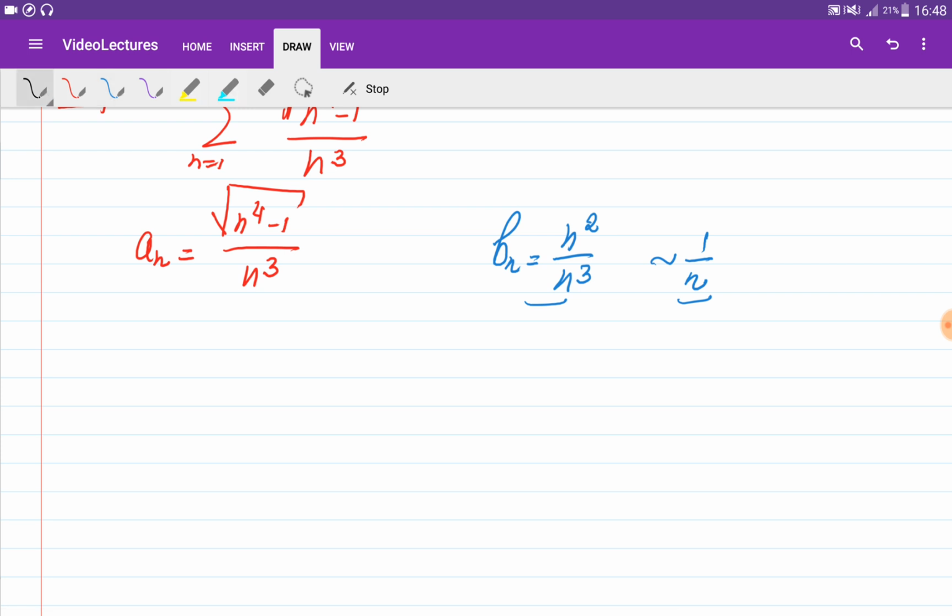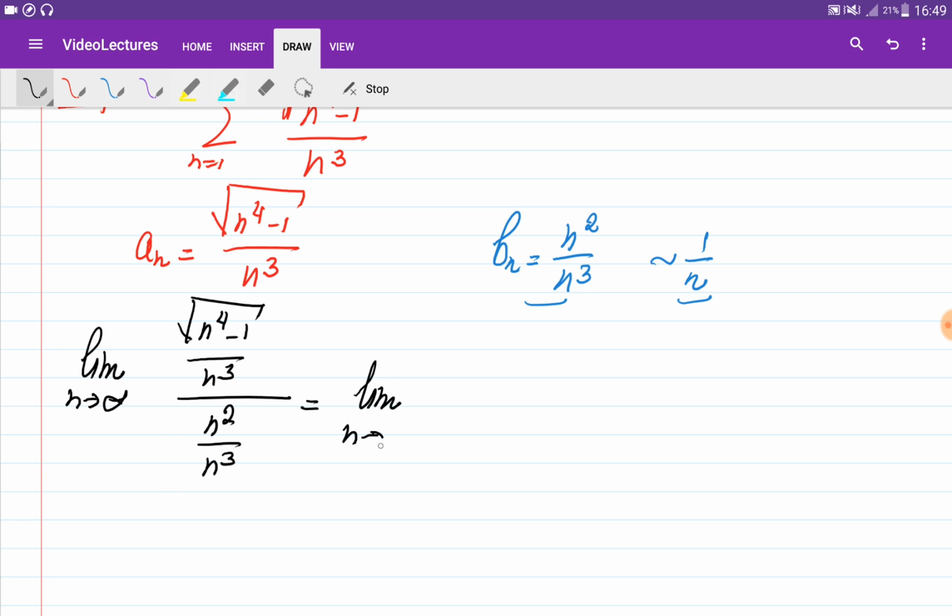Okay, so now I would like to compare a_n with b_n, n goes to infinity. Let me divide the square root of n^4 minus 1 over n cubed by n squared over n cubed, right? So we can simply cancel n cubed and n cubed. What is left is the limit as n goes to infinity of the square root of n^4 minus 1 divided by n squared.